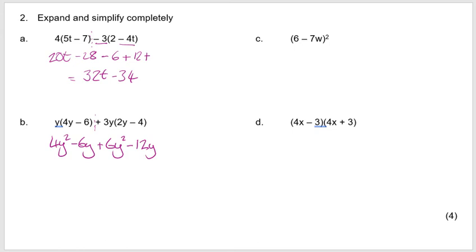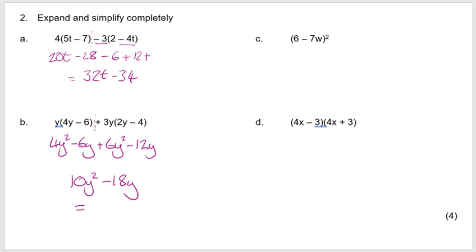We can collect our y squareds and then collect our y's. So 4y squared add 6y squared is 10y squared, and negative 6y, take away another 12y, negative 18y. Do not then look to put that into a factorised form.